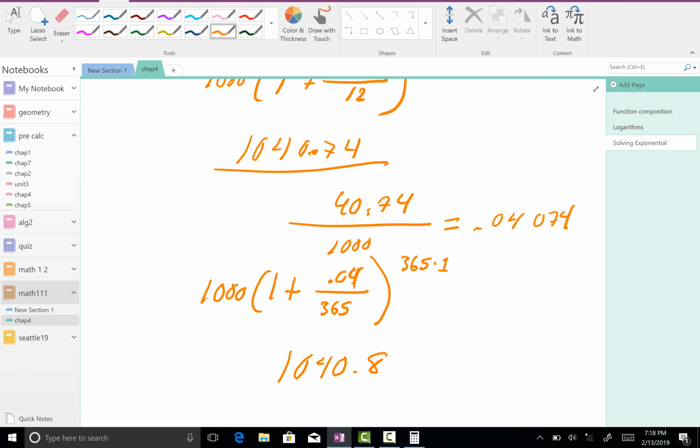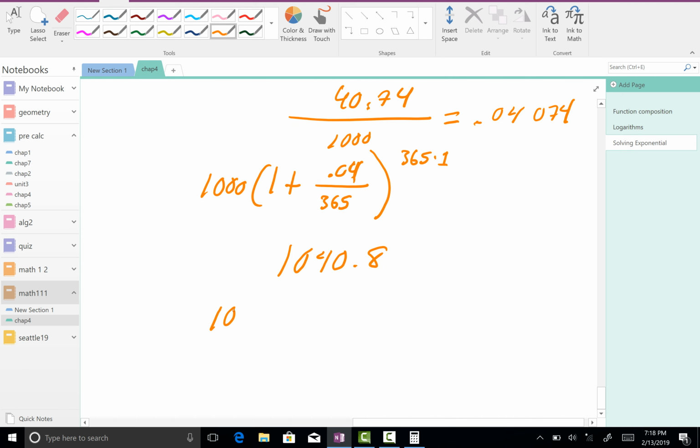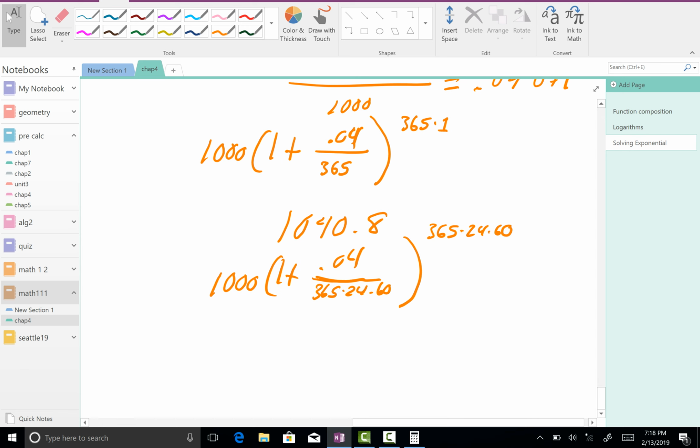So then what I usually do after that is say, well, okay, try this out. So we're going to go 365 times 24 times 60, which is daily times hours times minutes. So that means it's being compounded by the minute. And Desmos will be able to handle that.